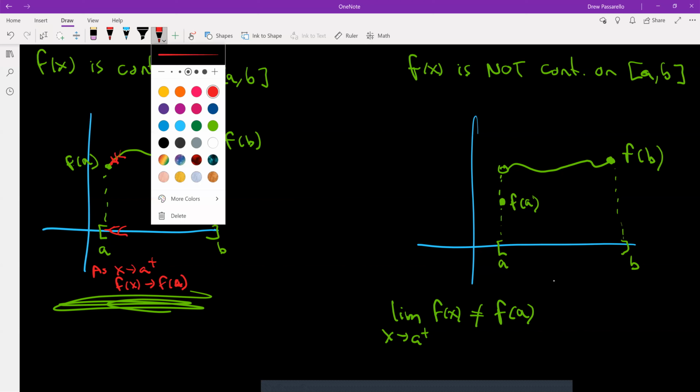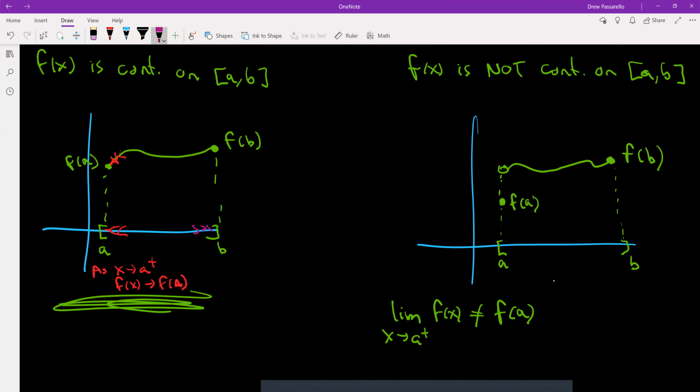Similar if I approach b from the left side, getting closer and closer to that endpoint, the y values are getting closer and closer to f of b. So let's say as x approaches b with the minus sign, approaches b from the left, the f of x values approach f of b.